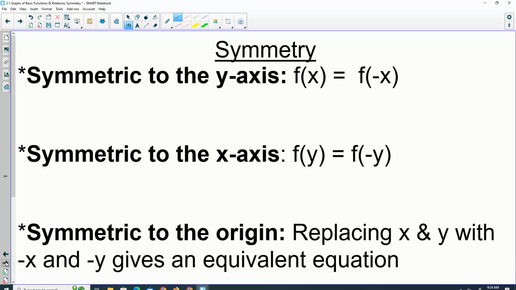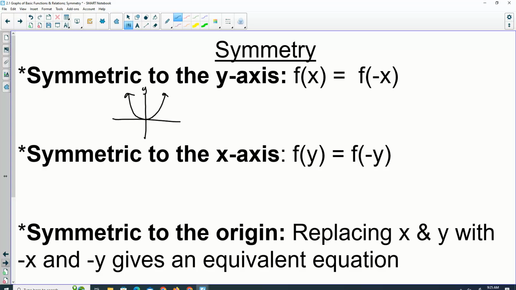When we're looking at graphs, we have three different kinds of symmetry that might happen. Something could be symmetric to the y-axis. That means if I fold it over the y-axis, it overlaps itself. A good example is a parabola. If you folded it on your vertical line, the y-axis, it would overlap. The two sides are the same.